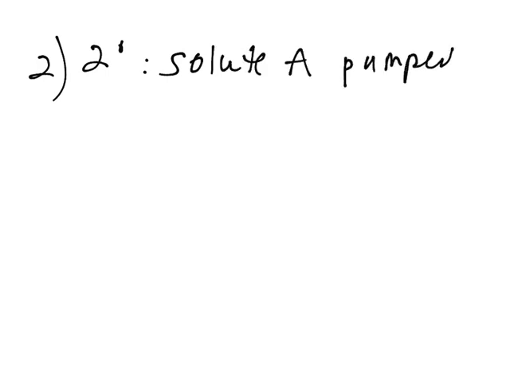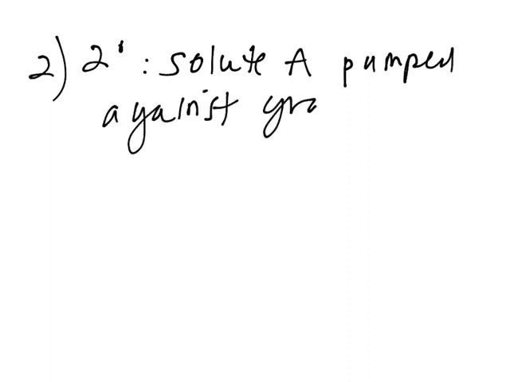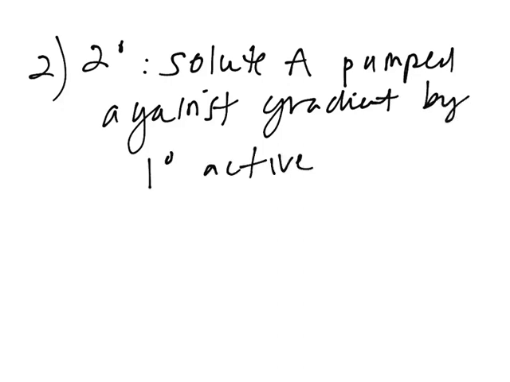The second type of active transport is secondary, and in this we have a little bit of sort of indirect coupling of the transport. So in this process, we'll take two solutes, A and B. So solute A is pumped against its gradient using primary active transport.